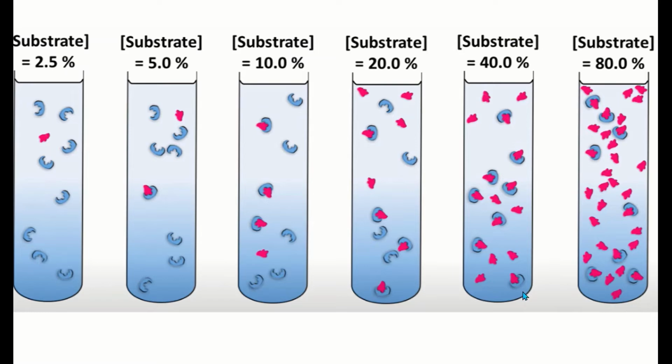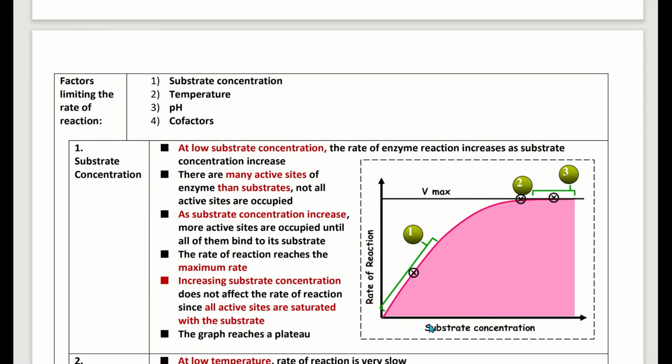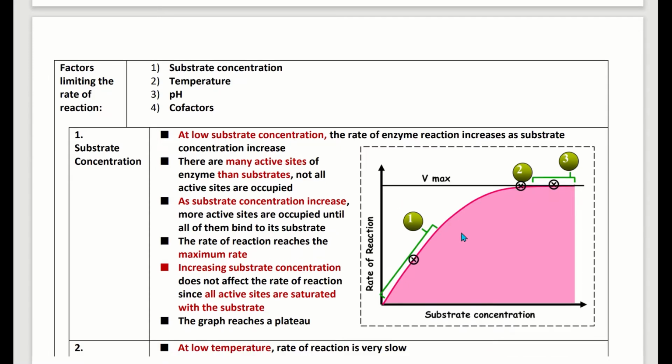Tapi dekat sini, sekarang you tengok enzyme tu semua dah penuh. So kalau you tambah substrate lagi banyak-banyak pun, rate of reaction tu sudah mendatar. Sebab tak cukup tangan dah, enzyme dah tak boleh nak break lagi dah the substrate. Okay, so Vmax ini adalah maximum rate of reaction.